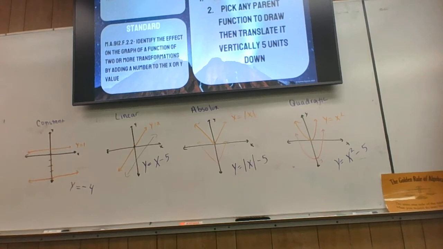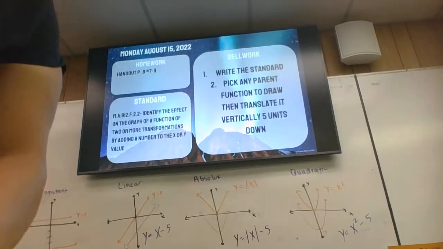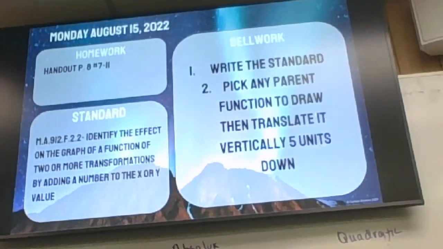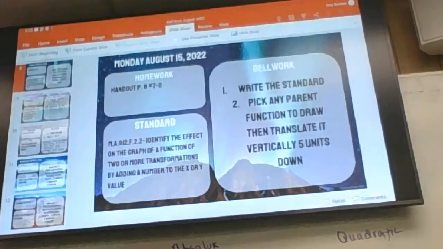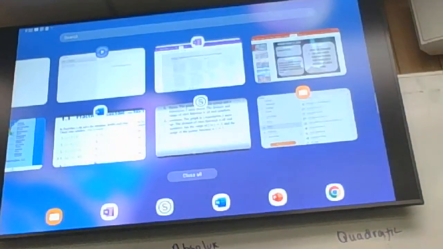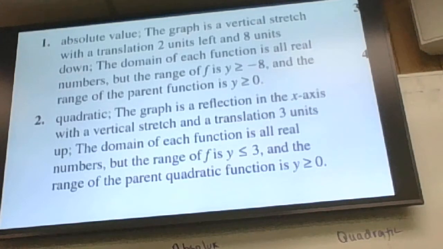Let's look at your homework, the handout 1 through 6. I'm going to show you the textbook answers, and I'm going to walk around and see what you did. So I don't expect your answer to be perfect, but what I do expect is for number 1, you are able to say that yes, this is absolute value.